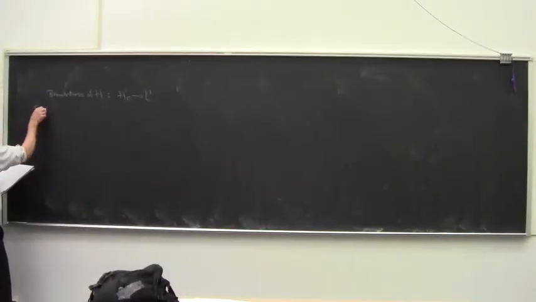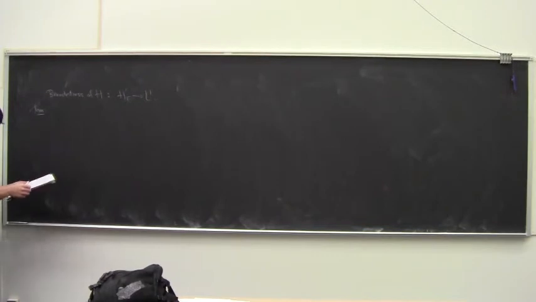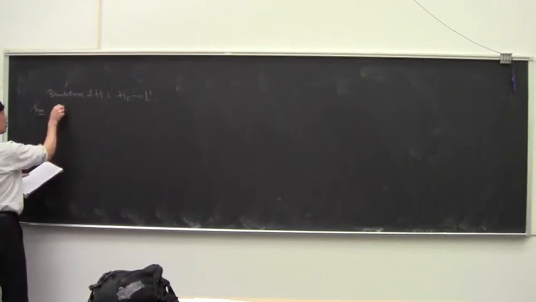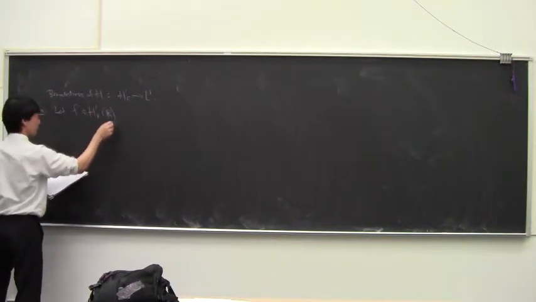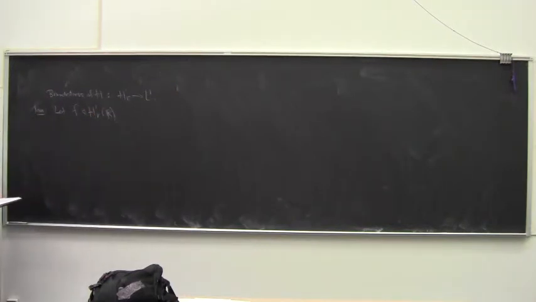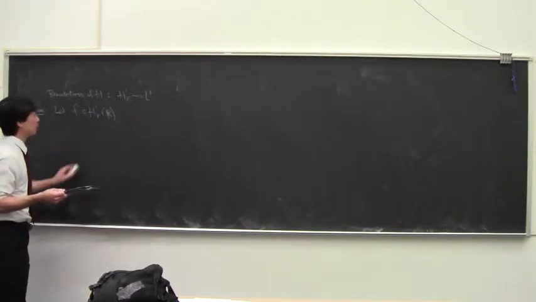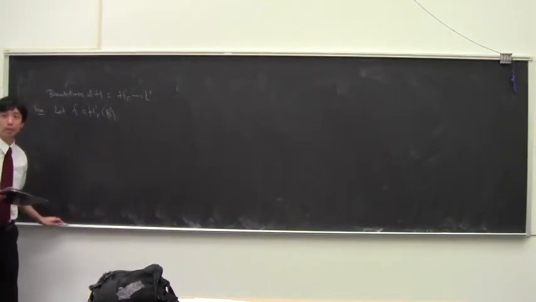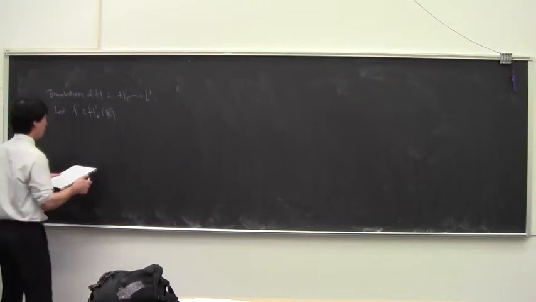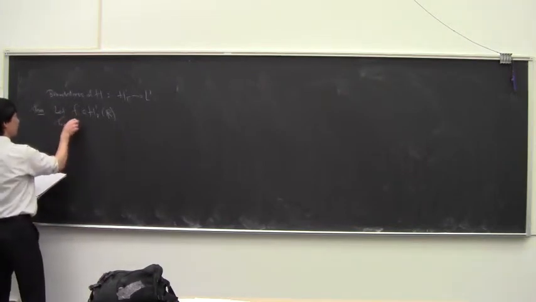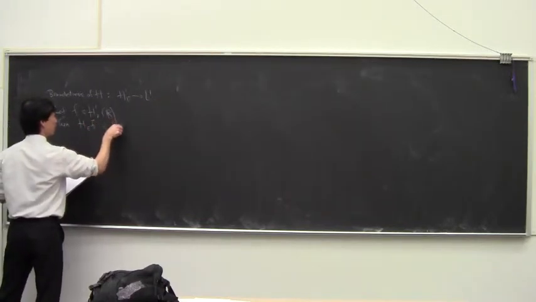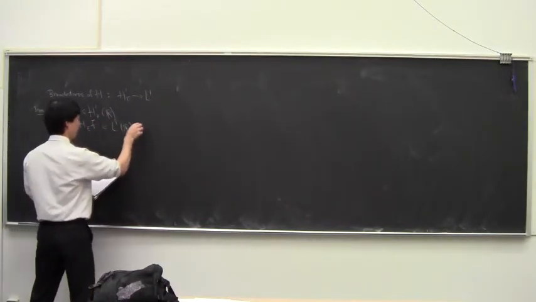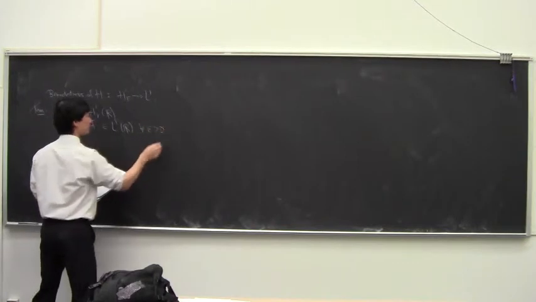So here's the statement. Let F be a Hardy space function, and just in R, right? Because our Hilbert transform is only defined in the one-dimensional case. Then H sub epsilon F is in L1(R) for all epsilon greater than 0.